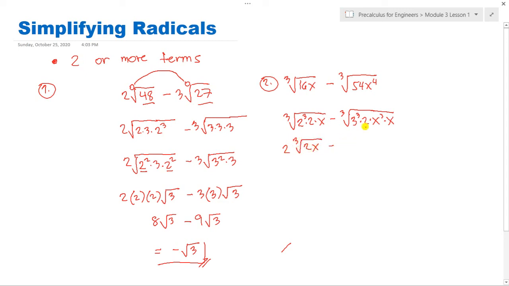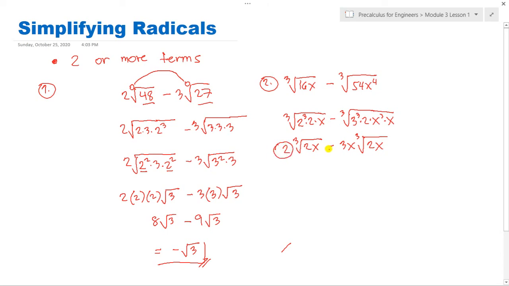How about the second term? Since we have 3 cubed and x cubed, we can factor out 3x. So we have 3x times cube root of 2x. Now since the radicals are the same, you can just combine the expressions outside the radical signs.